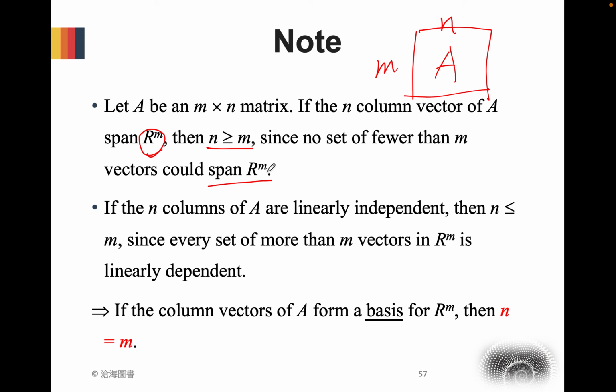Just as we say that to span a three-dimensional space R3, we need exactly 3 linearly independent vectors. If we just pick 2 three-dimensional vectors, we are not able to span R3. Remember that? Okay?